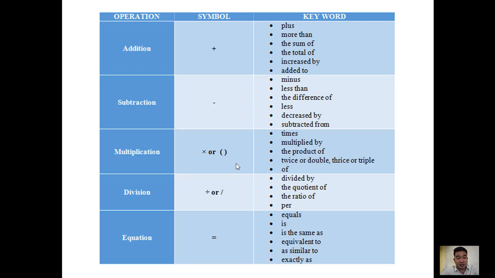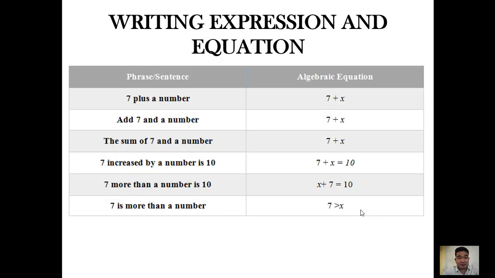Then for division, these are the symbols, and the keywords are divided by, the quotient of, the ratio of, per. And then for equation, this is the equal sign. The keywords are equals, is the same as, equivalent to, is similar to, exactly as.